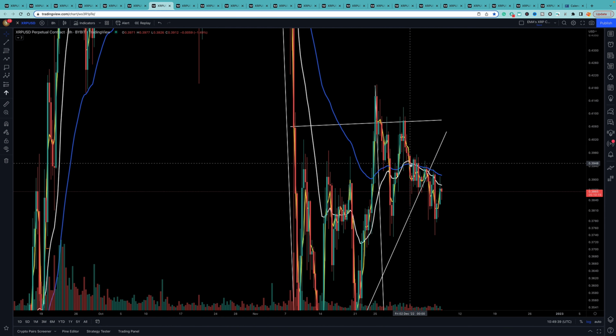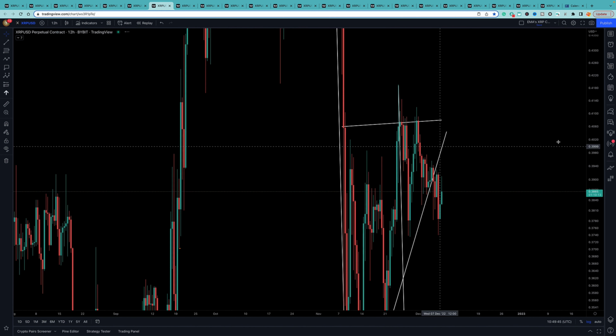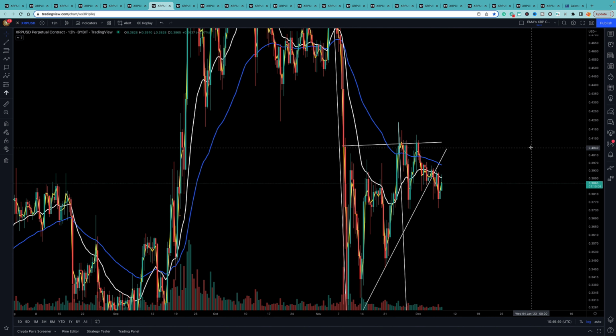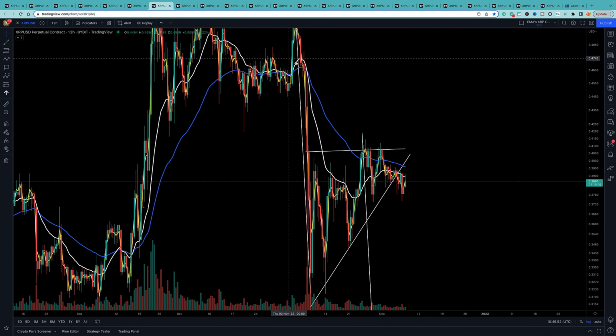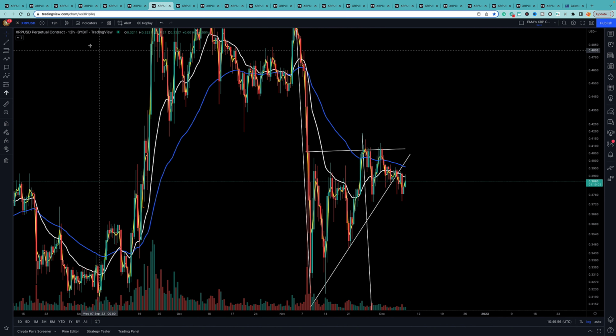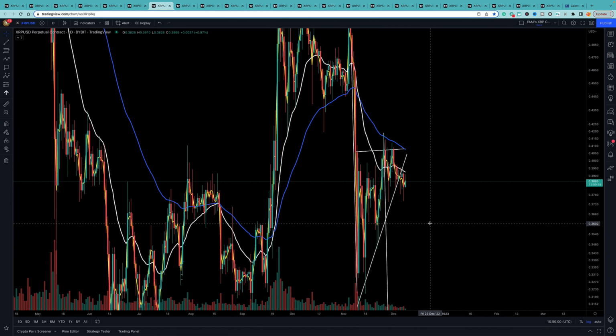Same on the 8 hour, you can see the 8 hour. There's the 12. 12 hours doing the same. See the 12 hour, the 20 never got back to break above the 55. Equally on the daily.